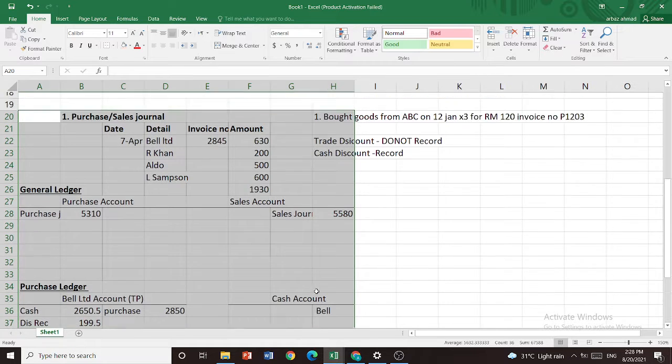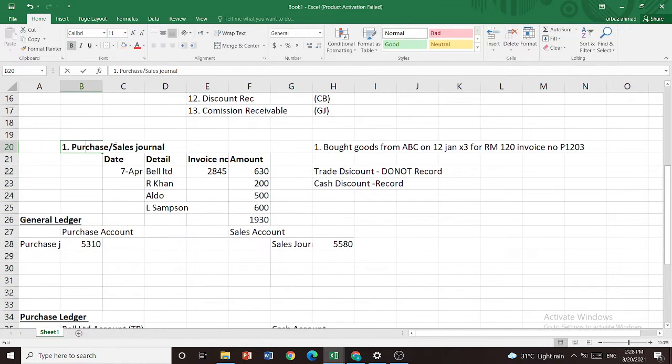So this was the purchase journal, and this is how it looks. The purchase return journal also looks like this, but the difference is that instead of having an invoice number, you will have a credit note number. Now what is a credit note number? There are two notes, the credit note and the debit note.